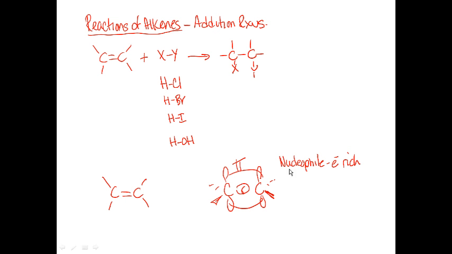And what's the source of the electron richness in a carbon-carbon double bond? Well, it turns out these two electrons in the pi bond. That's the source of electron richness to make a carbon-carbon double bond a nucleophile. So that means that carbon-carbon double bonds will react with electrophiles. And the electrophile that I'm going to react this with first is H+.